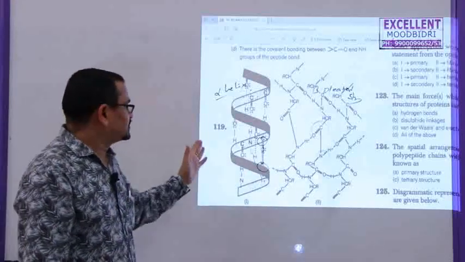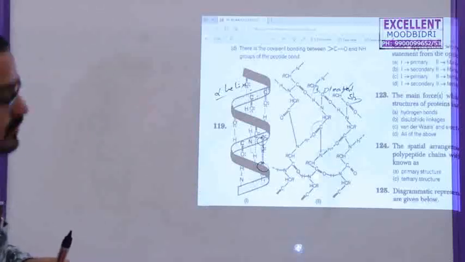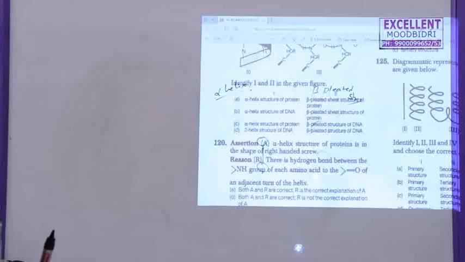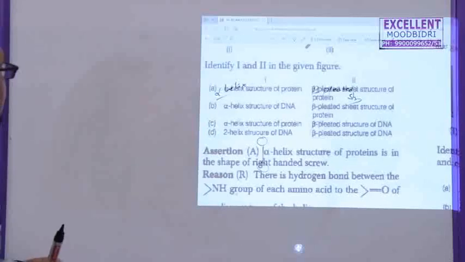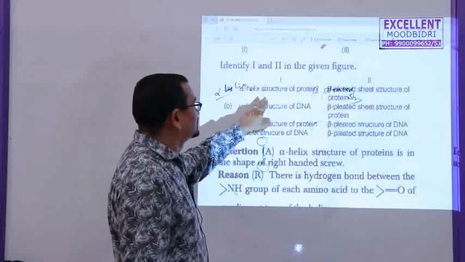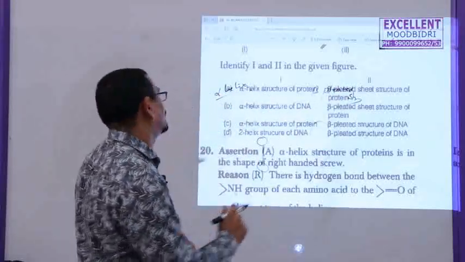Now let us see what options are given in this question. If you observe this table, 1 stands for the alpha helix structure of protein, and 2 stands for the beta pleated structure of protein.